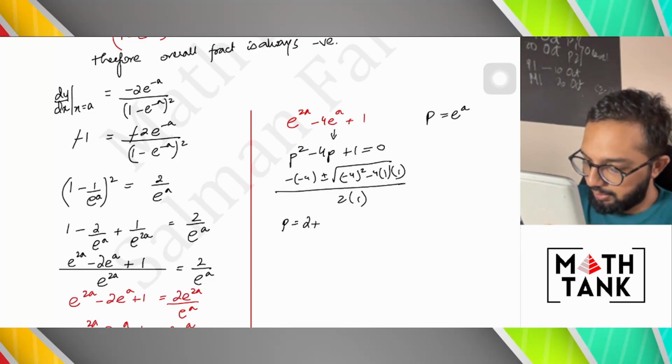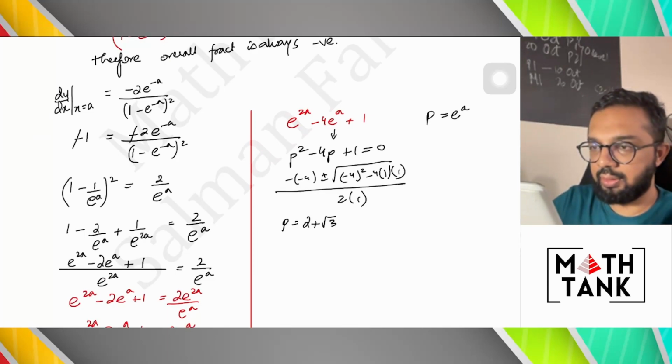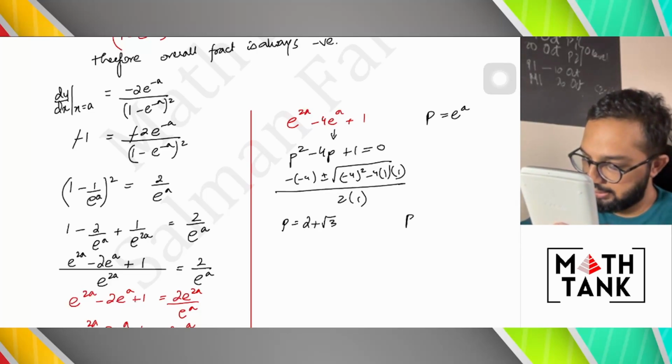This gives me 2 plus root 3 and 2 minus root 3.